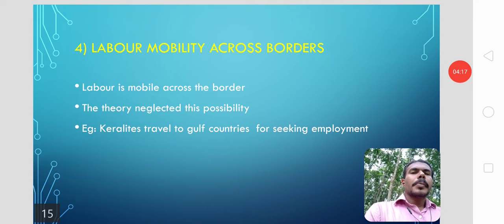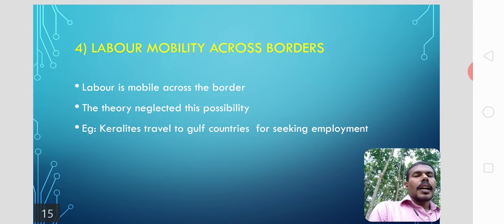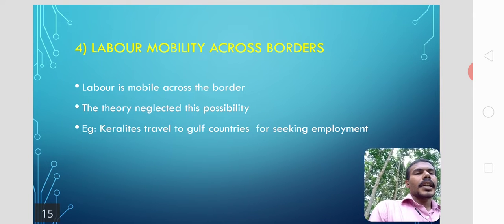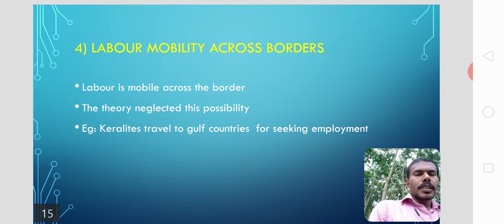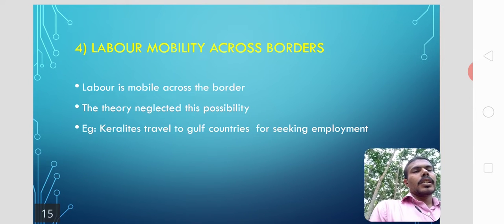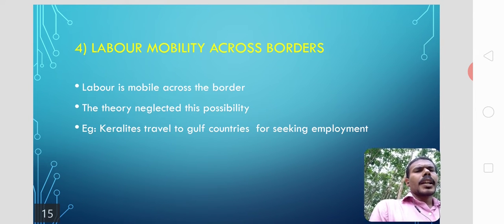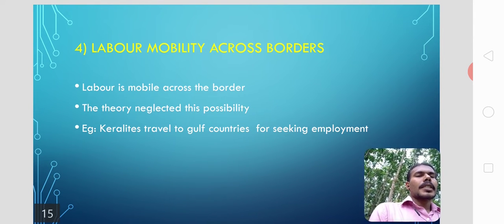Another criticism is on labor mobility across international borders. According to the classicals, and the absolute advantage theory in particular, labor is mobile inside the nation only. Labor is not mobile across the borders, but in fact labor is mobile across the borders. Persons can fly from India to USA for a job. And many Keralites started traveling immensely to Gulf nations seeking employment since the 1970s, since the oil price hike.